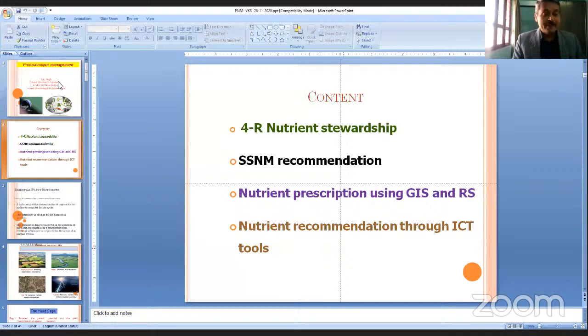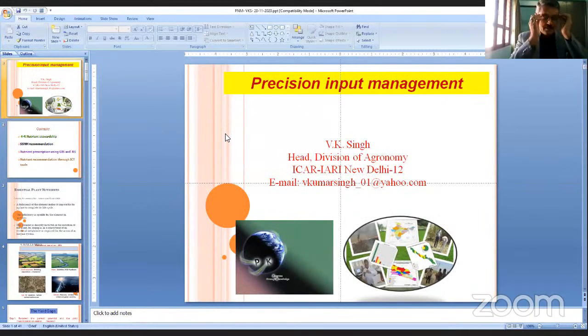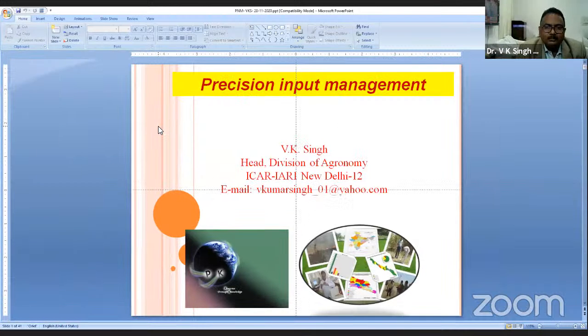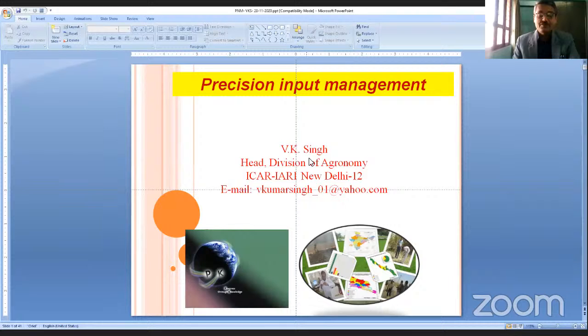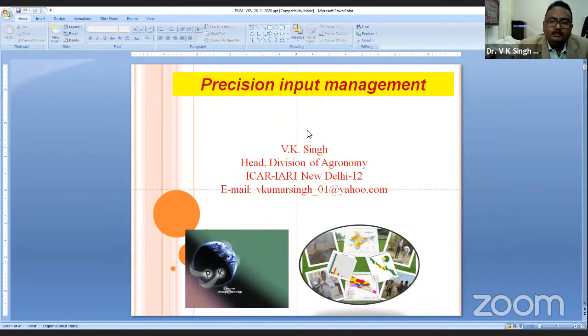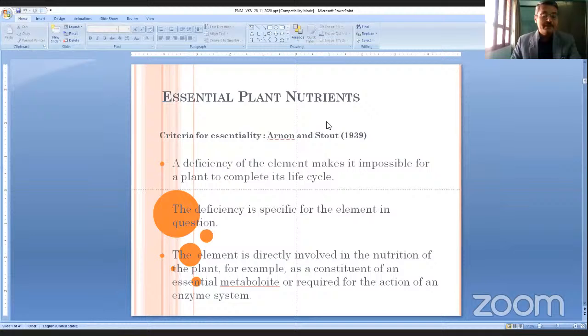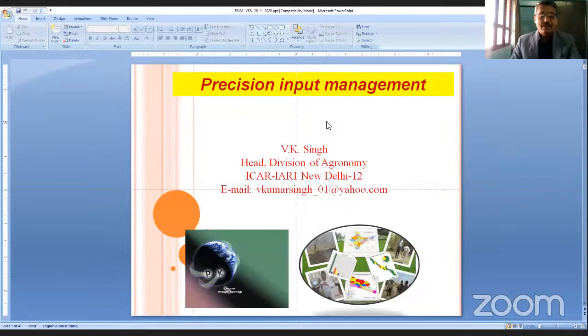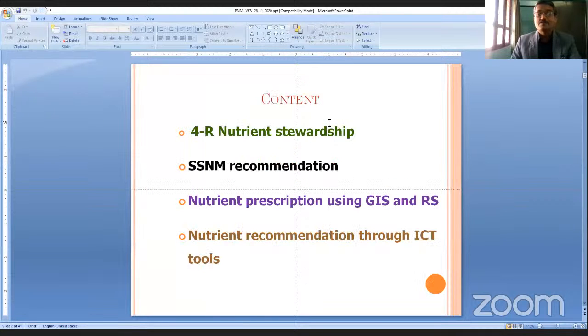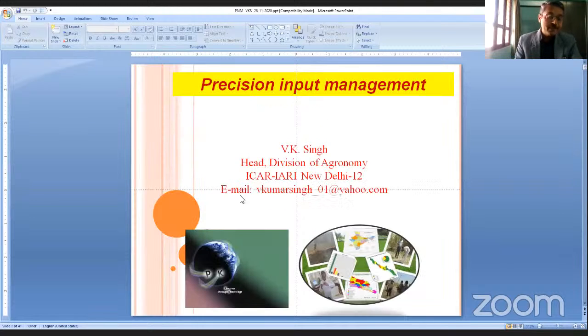Dr. DK Singh ji did his PhD from Govind Ballabh Pant University of Agriculture and Technology. He is Head of the Division of Agronomy at IARI as well as Joint Director. He made valuable contributions in soil fertility appraisal and soil health restoration through site-specific nutrient management.